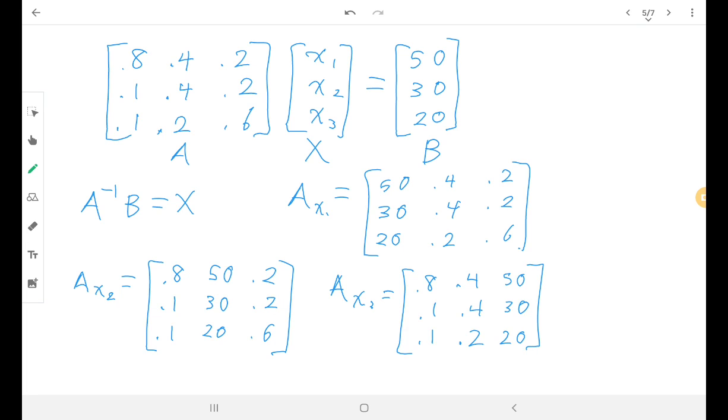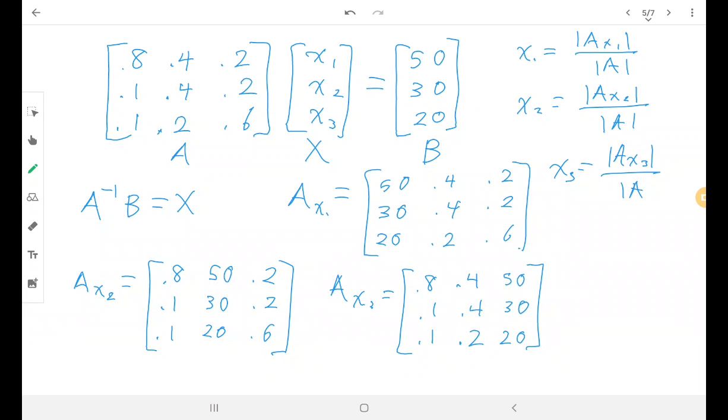And then you could use Cramer's rule here, which would say that x sub 1 would be the determinant of A sub x sub 1 over the determinant of A, and x sub 2 similarly determinant of A sub x2 over determinant of A, and x sub 3 determinant of A sub x3 over determinant of A. Or you could use this.